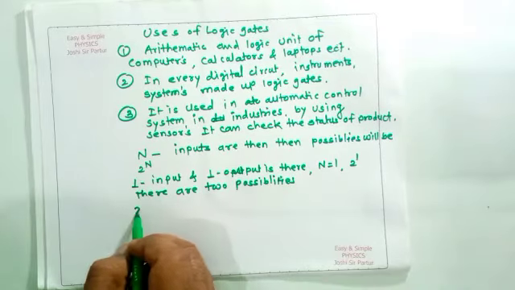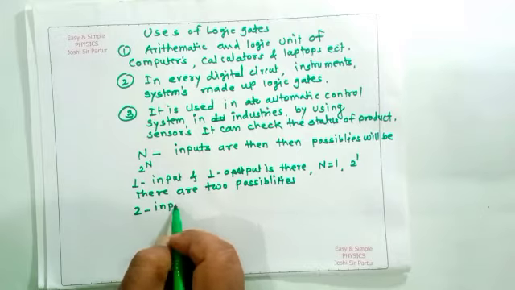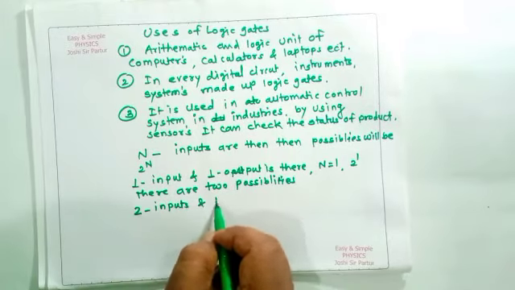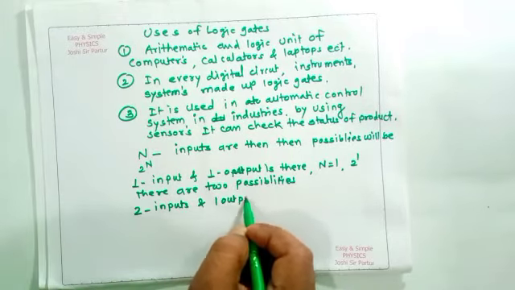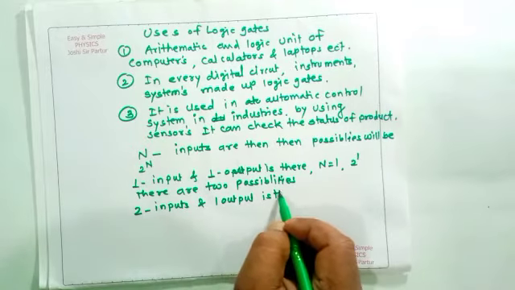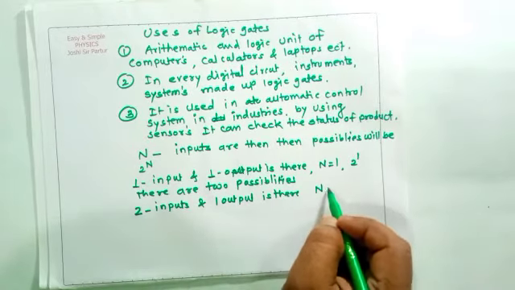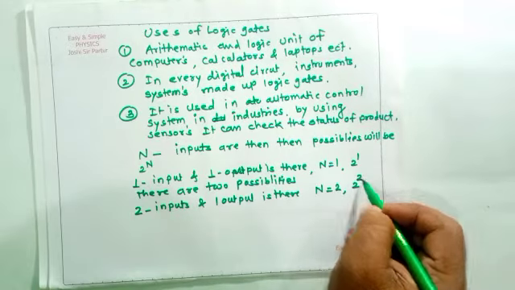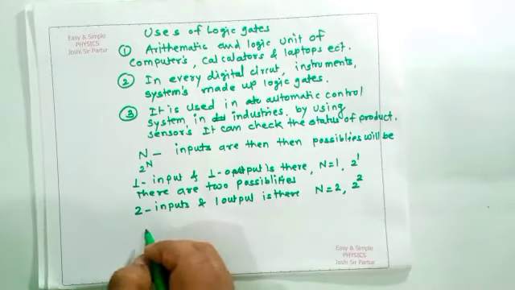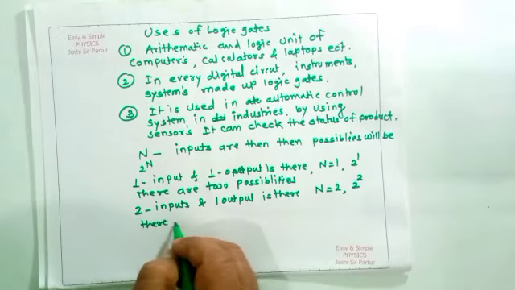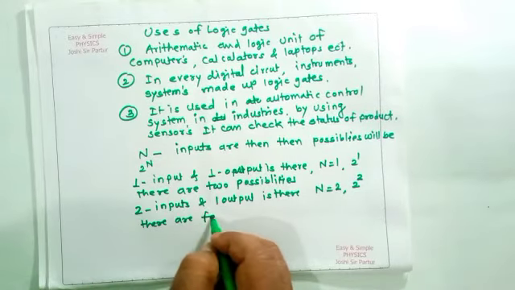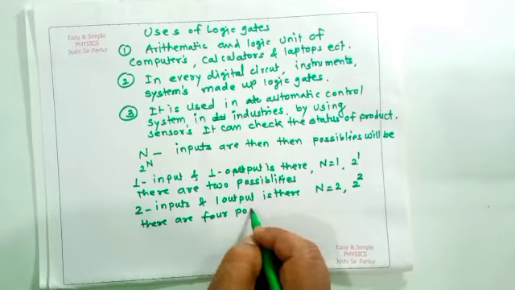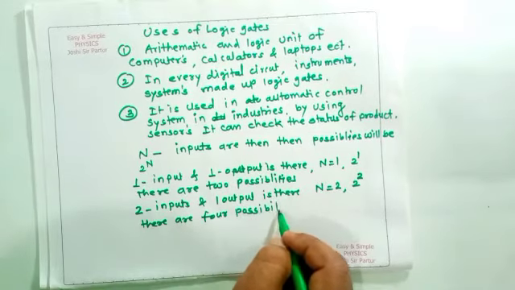When two inputs and one output is there, n is equal to 2, 2 raised to 2 becomes 4, so there are 4 possibilities.